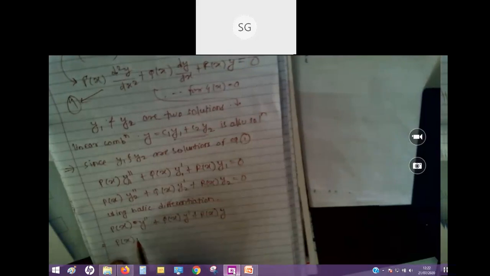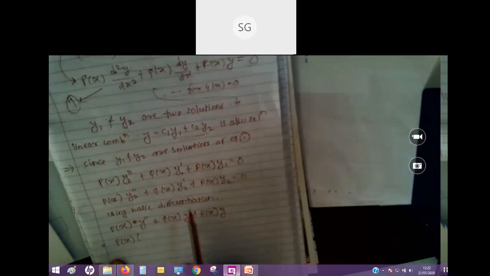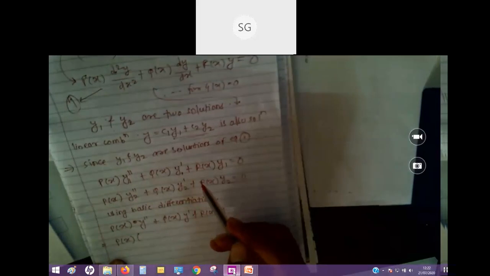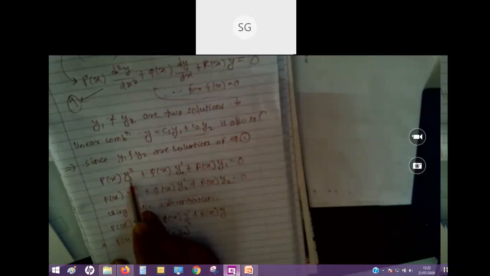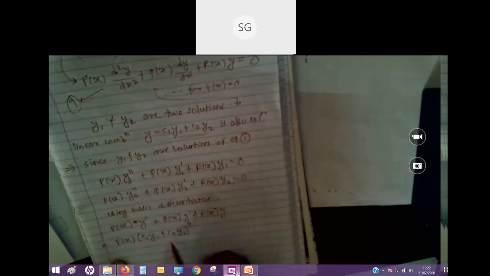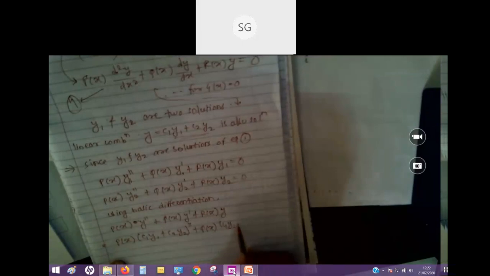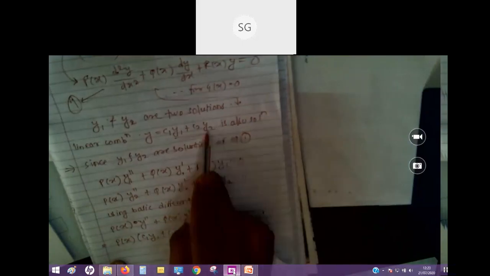can be written as p of x into, now please remember, y is c1 y1 plus c2 y2, double dash, because y1 double dash we have written, and y is equal to c1 y1 plus c2 y2. Plus q of x into c1 y1 plus c2 y2, single dash, because y dash is there and y is equal to c1 y1 plus c2 y2.